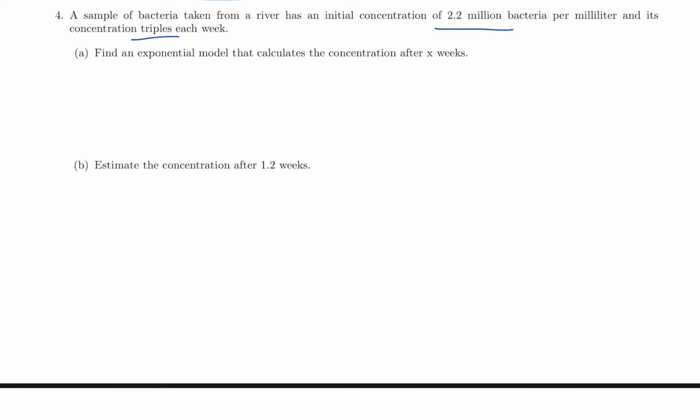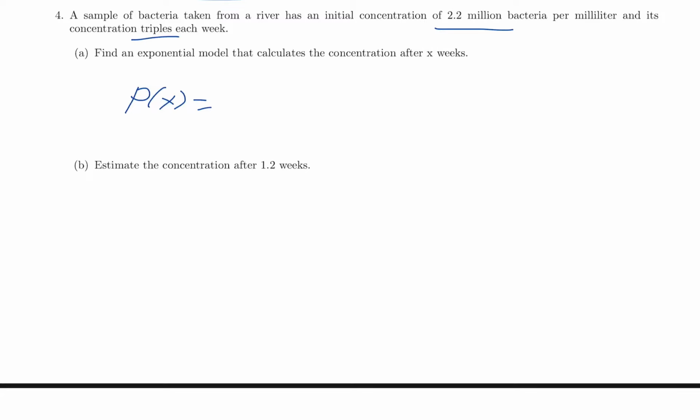So first, remember, let's try P of x maybe. P of x. Okay. So here, the important part is recognizing that we have an exponential model because it triples each week, right?